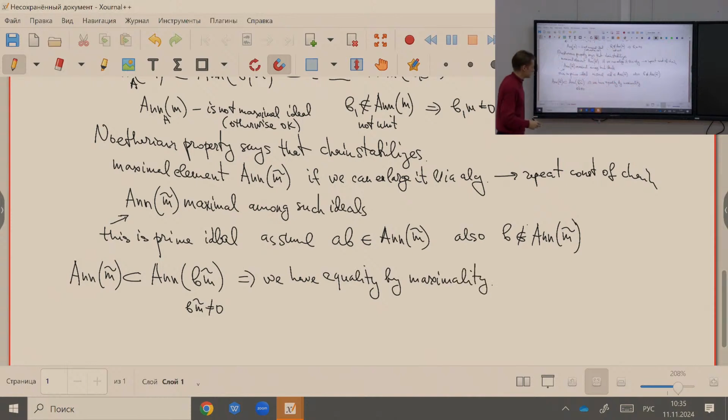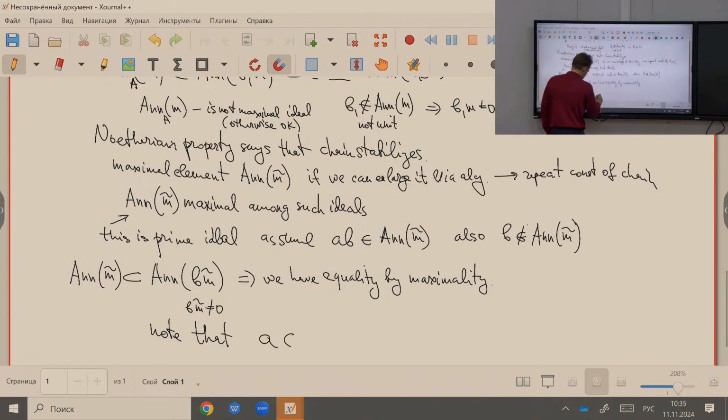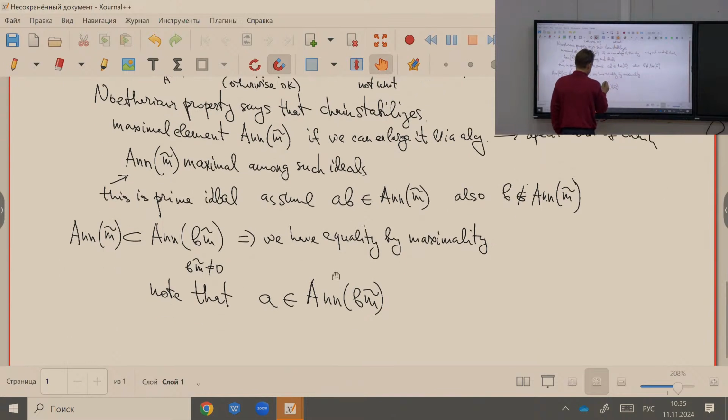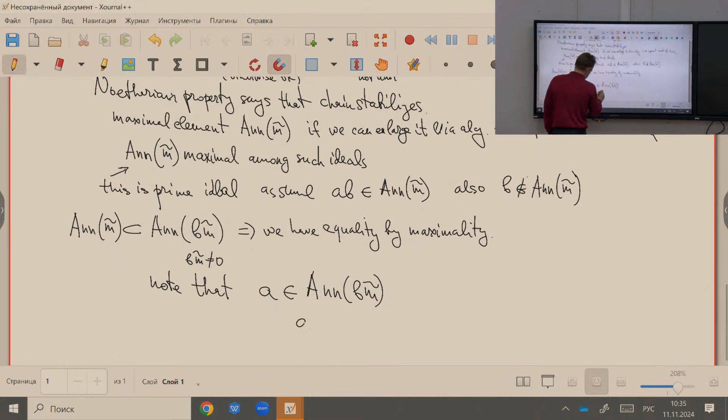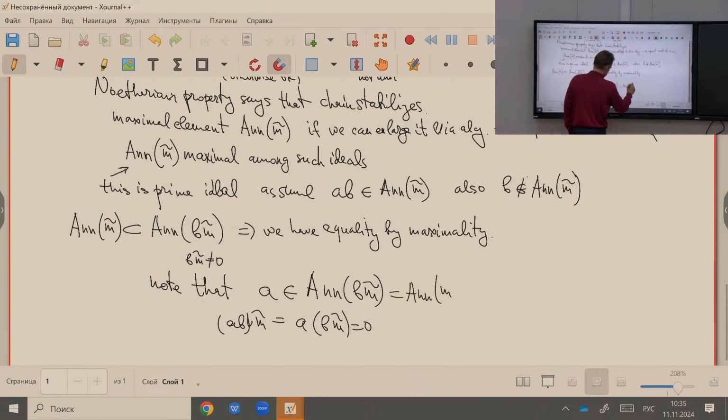But note that a belongs to the annihilator of b m tilde, because ab m tilde is equal to 0 by the previous assumption. This is just ab times m tilde, and this is equal to the annihilator of m tilde.